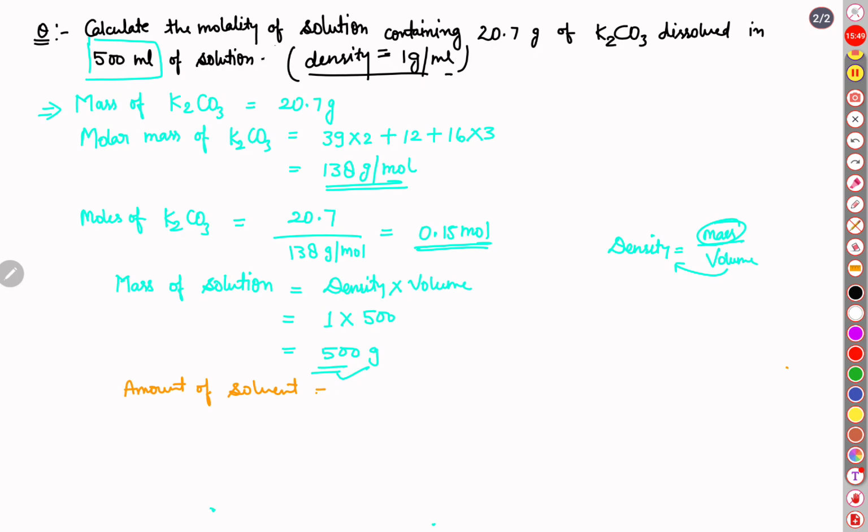You know already the total was 500 gram. 500 minus 20.7 is equal to 479.3 gram. This is the amount of solvent, or amount of water, whatever is there.